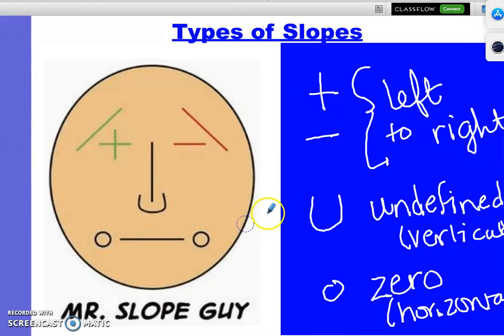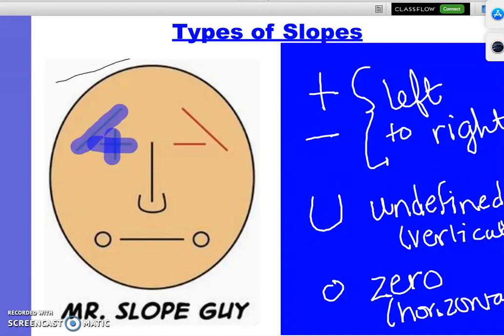All right, Mr. Slope Man, we have this man that will help us remember. So if our line goes up and to the right, any form of it, even if it's not as steep, it's still going to be a positive slope.